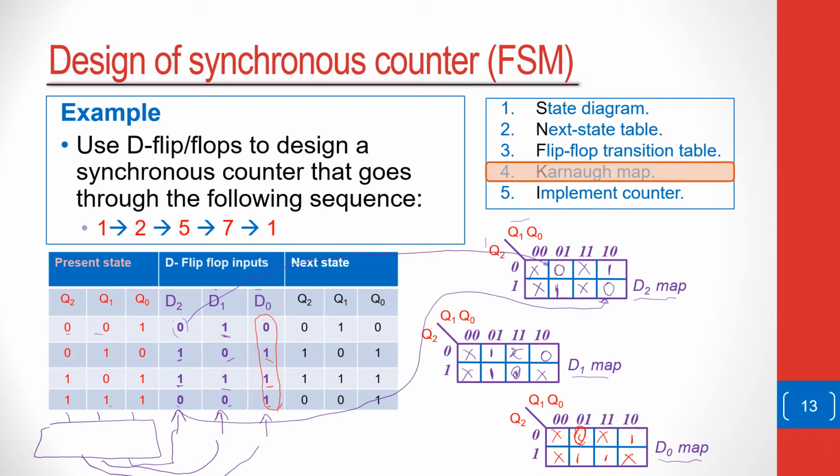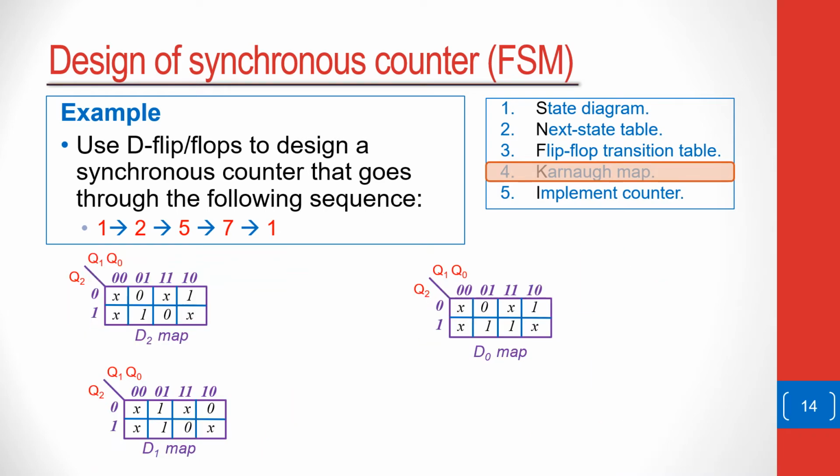So that completes the first part of the K-map step. Remember, the K-map has to be reduced so that we can get the combinational circuit. So finishing off the K-map, we need to create the combinational logic circuits that are going to accompany our D2 map, D1 map, as well as the D0 map.